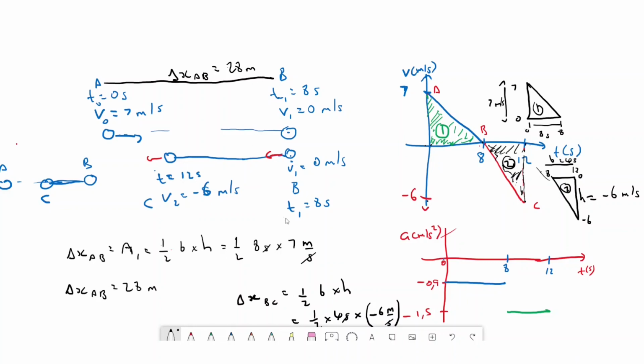Then the displacement from B to C, which goes in that direction, delta x from B to C, is -12 meters. So it's telling you that it actually changed direction. It went in the minus direction.